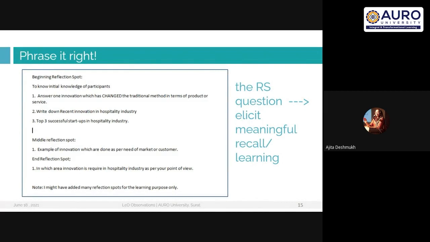So I think this is by the hospitality department, so it suits. Yeah, I do get that the second one, in the middle reflection spot, doesn't mention the hospitality industry very clearly. That's the only one. Otherwise, you can see it's almost everywhere the hospitality industry.